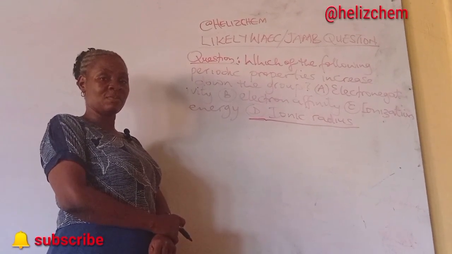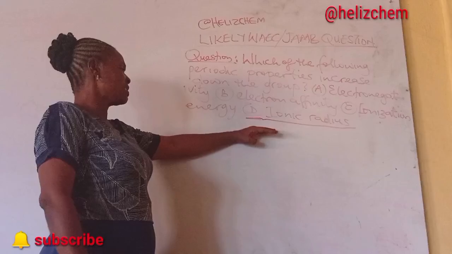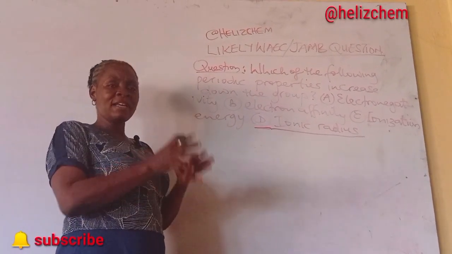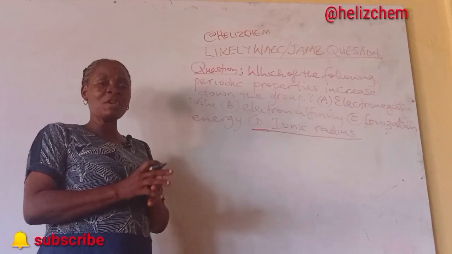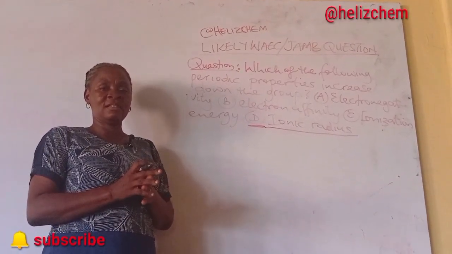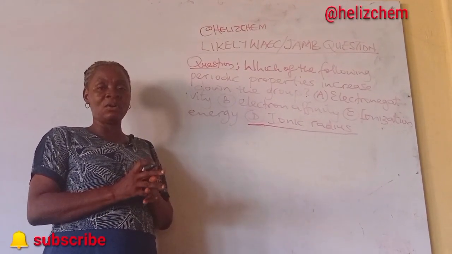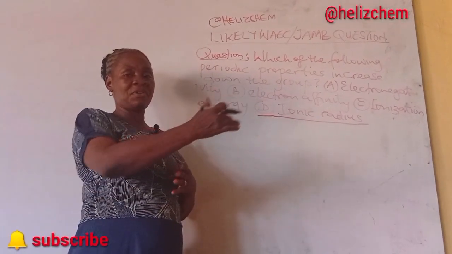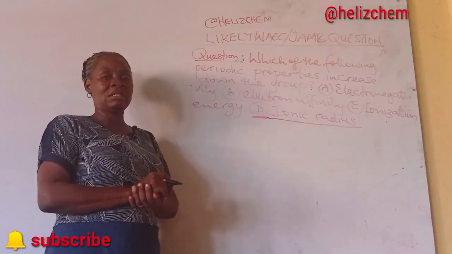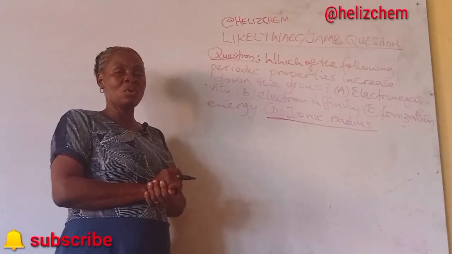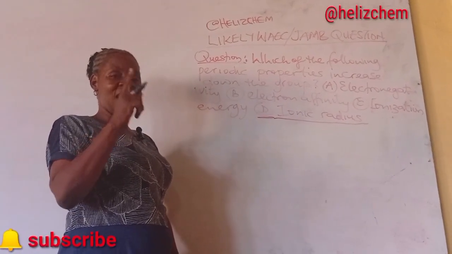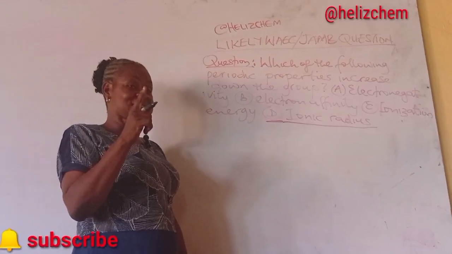So the logic is this. You will have to arrange these atomic properties in alphabetical order and look at how they vary across the period and down the group using this simple acronym. And what is that acronym?